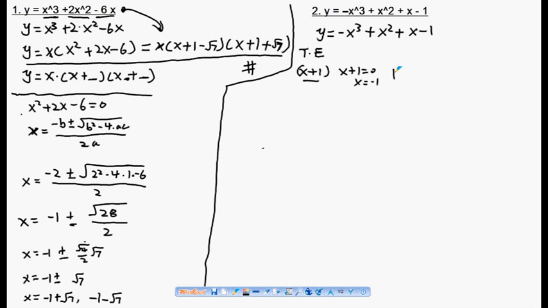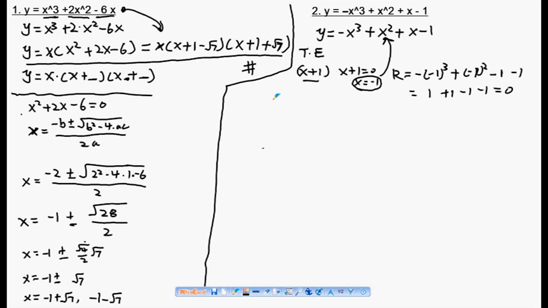We substitute this number back into the equation, so the remainder is minus 1 cubed plus minus 1 squared plus minus 1 minus 1, which is 1 plus 1 minus 1 minus 1, which is 0.